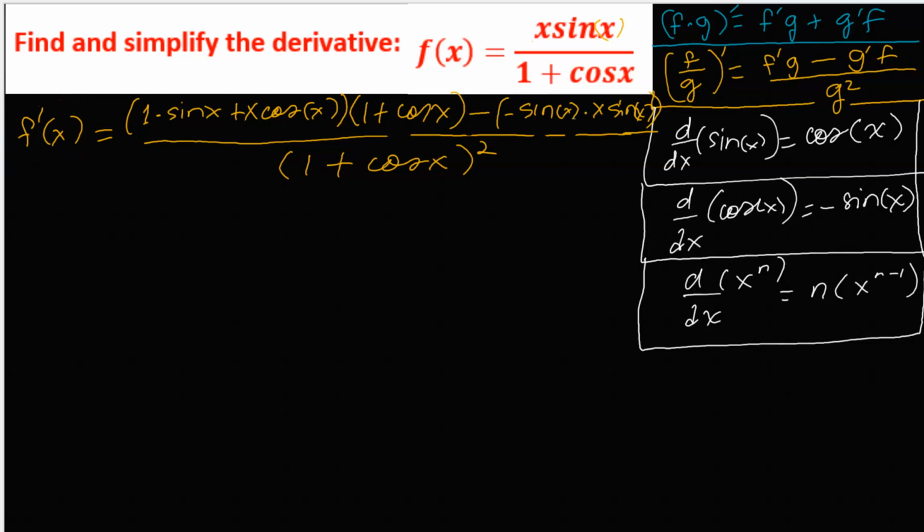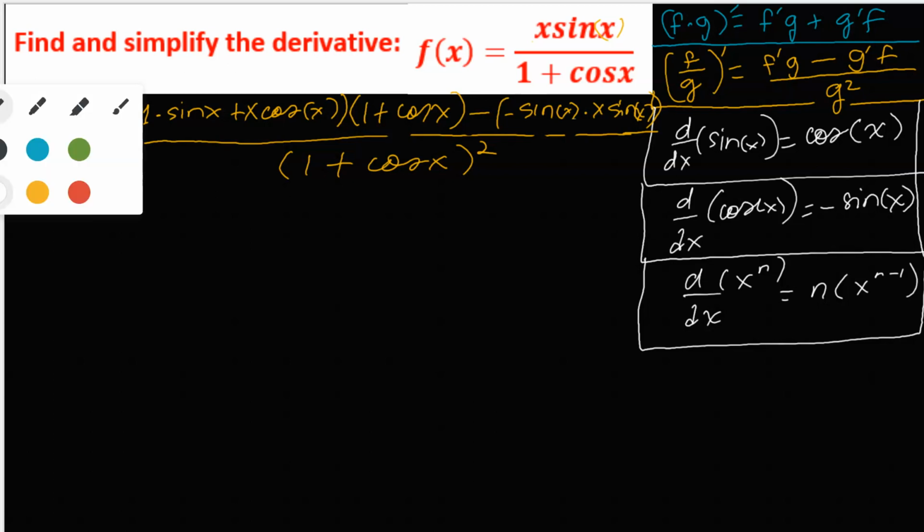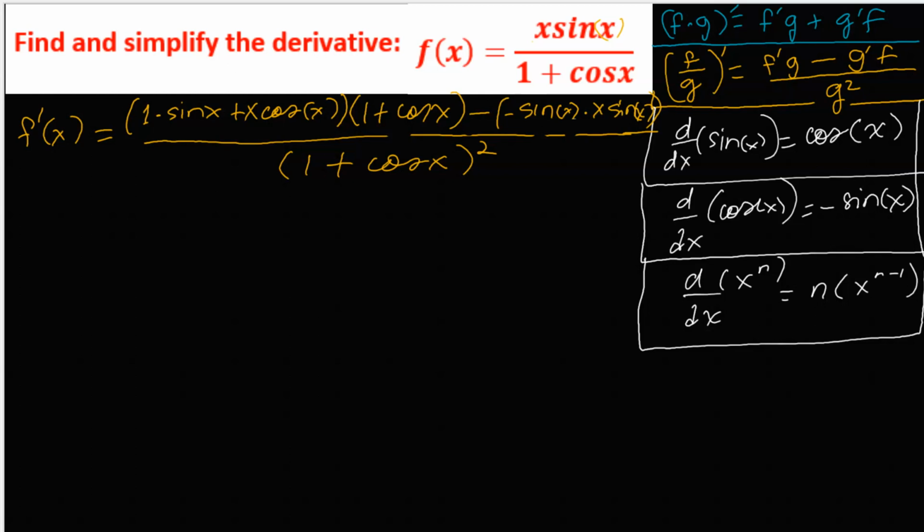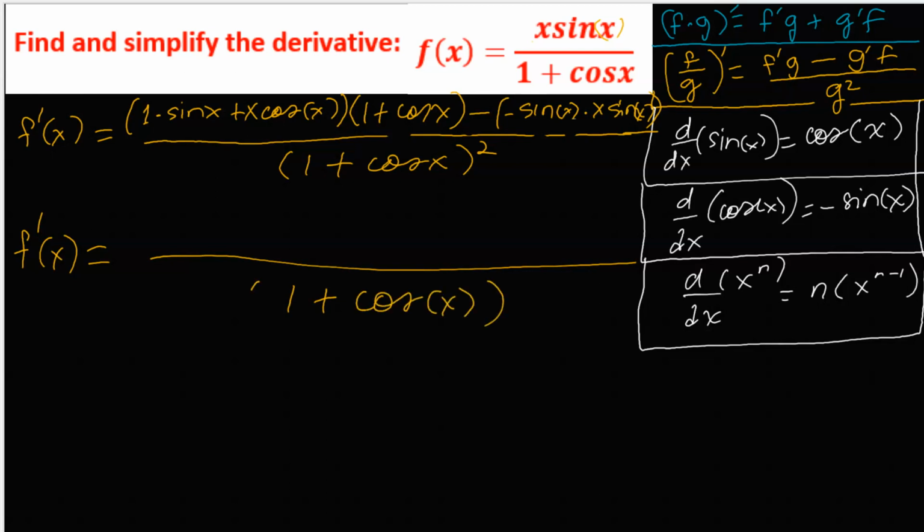Okay, so we now need to simplify and clean that up. Let's see what we can do. The denominator is 1 plus cosine of x, squared. The numerator, when we distribute, is a very long distribution.